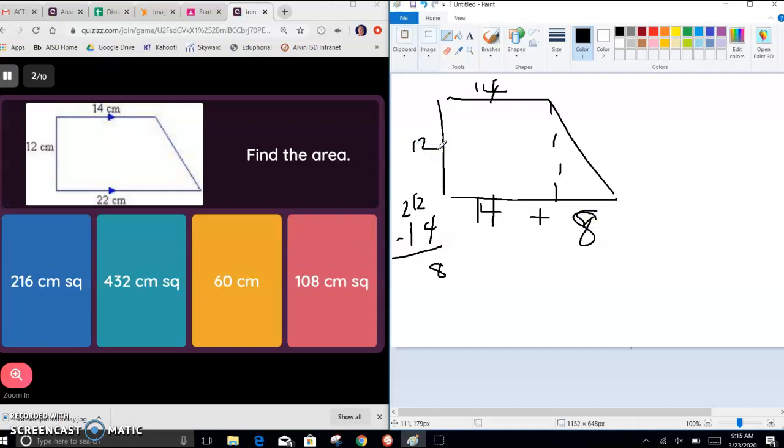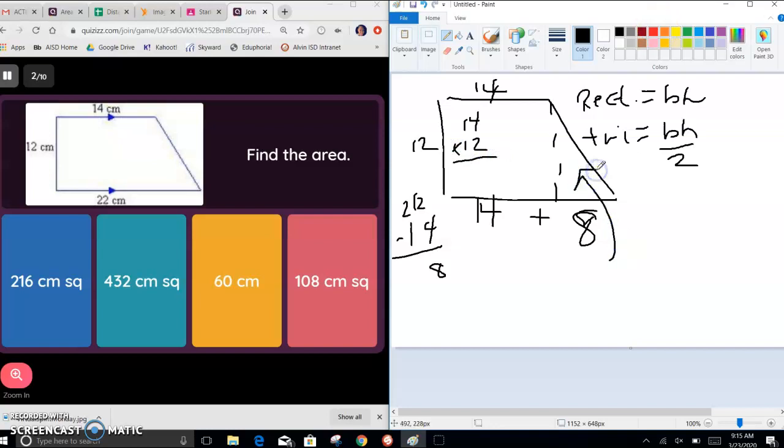So I've got a rectangle, which equals base times height. And I have a triangle, which equals base times height divided by 2. So this is going to be 14 times 12. And then this one right here is going to be 8 times 12 divided by 2.